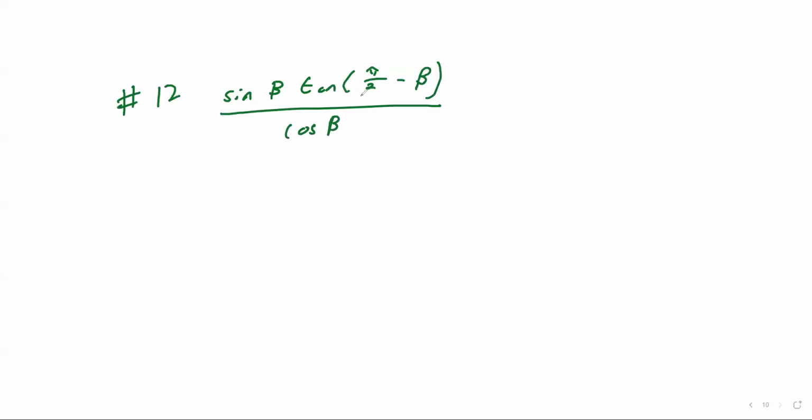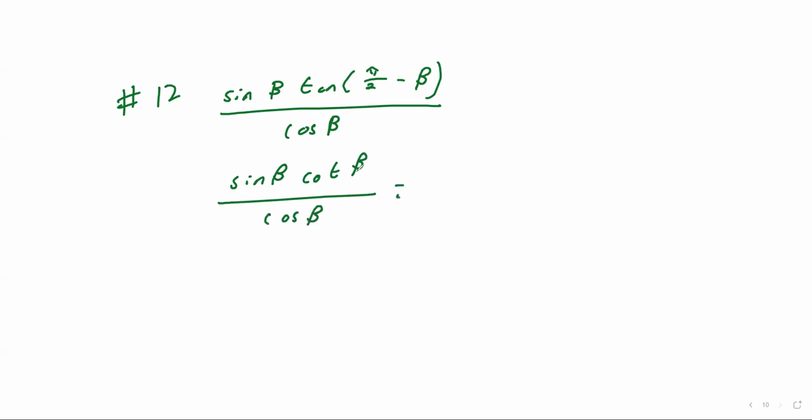All right, so again, this is a pi halves, so I definitely want to look at the co-function identities for this one. I see that tan of pi halves minus beta is just equal to cotangent. So this will now be sine beta times cotangent of beta over cosine of beta.